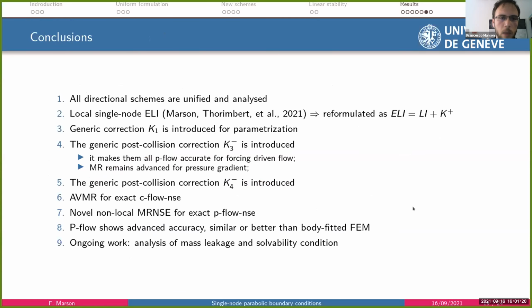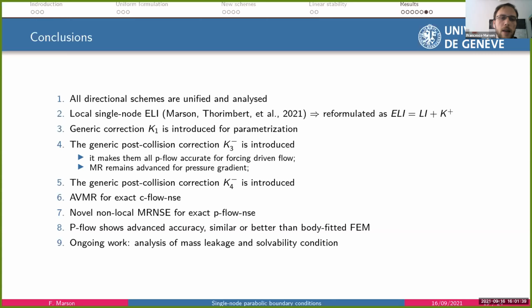So to conclude, we have unified and analyzed all directional schemes. We have reformulated the recently proposed ELI scheme, a local single-node scheme, as an LI scheme plus a K correction.